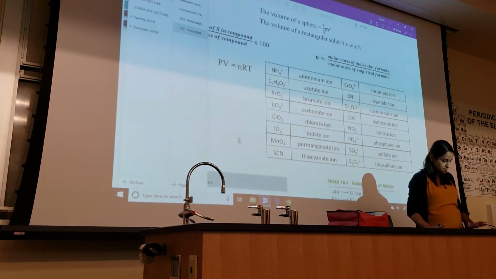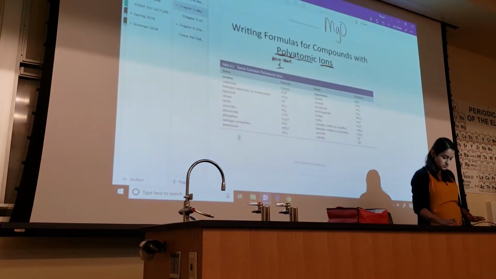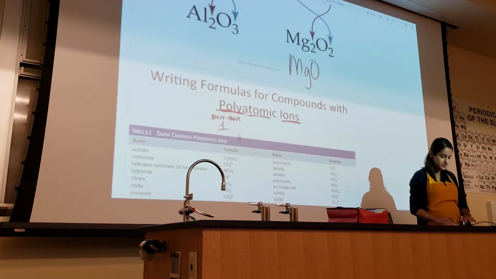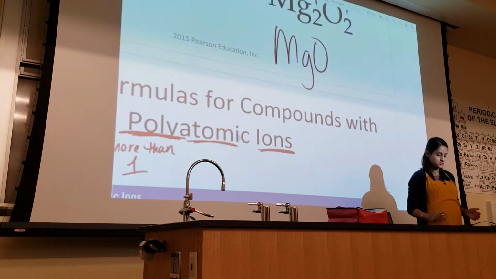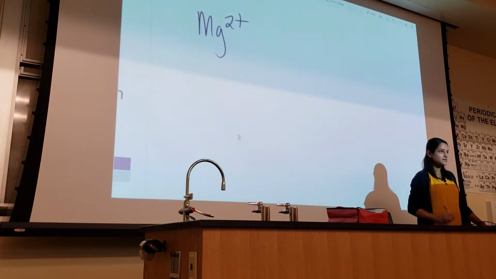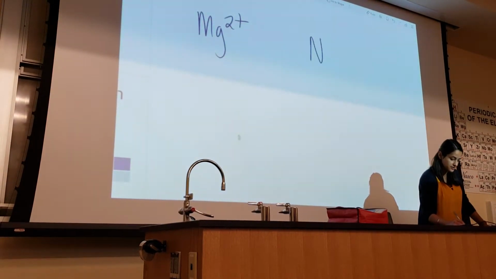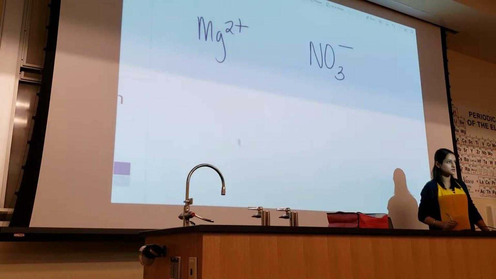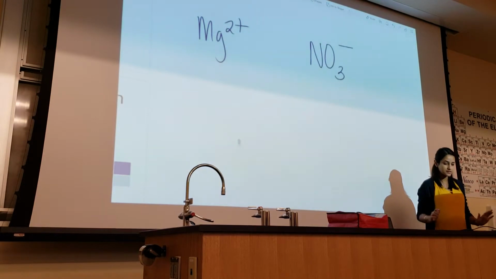So these are polyatomic ions. You treat them the same way you treat, let's say, the oxygen. So if I have a situation where here I have magnesium, and here a polyatomic ion called nitrate, you treat it the exact same way.